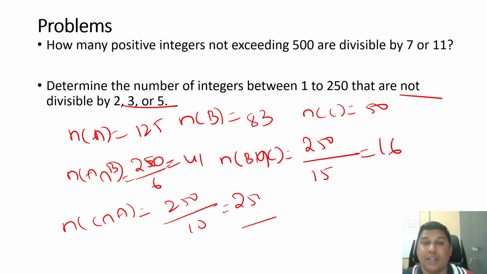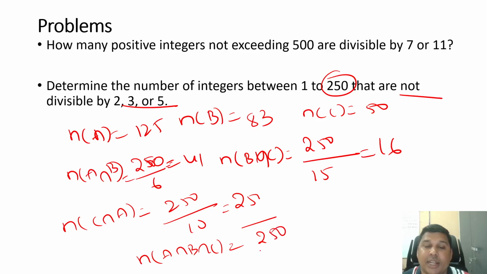Now we have 250 total elements. So n of A, n of B, n of C and the intersections are there, and we don't have the common one. For that, n of A intersection B intersection C is nothing but 250 divided by 2 into 3 into 5, that is 30. So this is around 8.